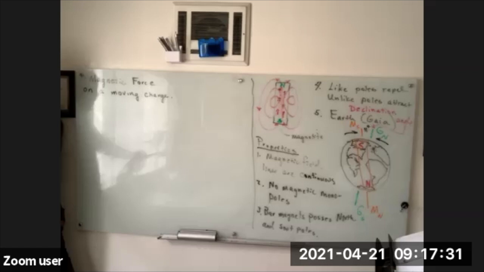if you have some magnetic field created somewhere in space, so let's say that we've got a field pattern.